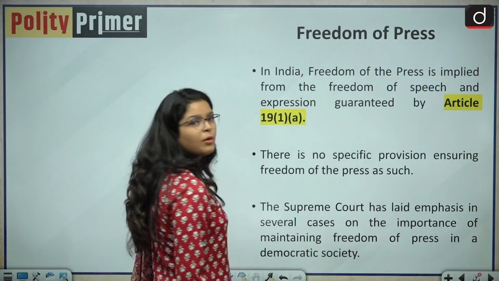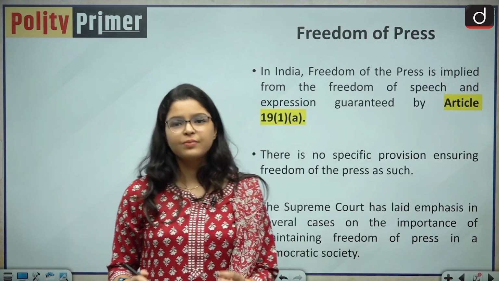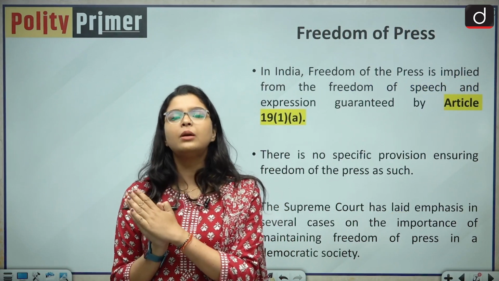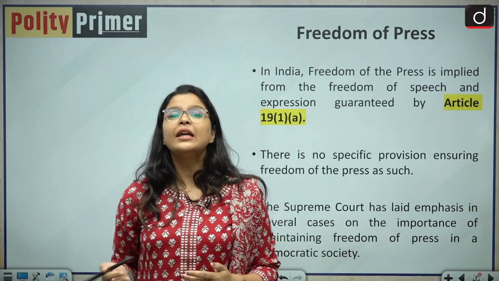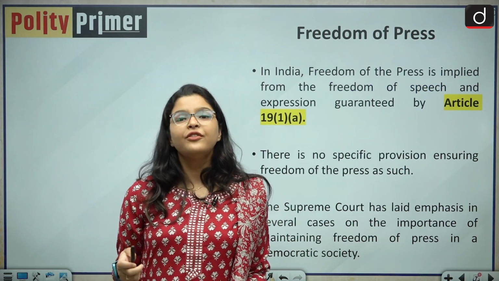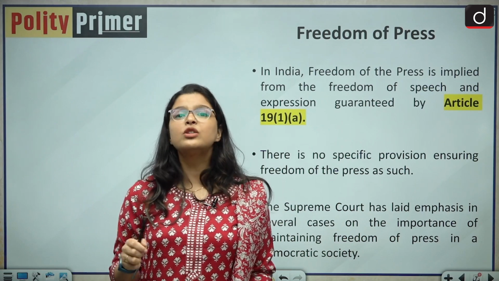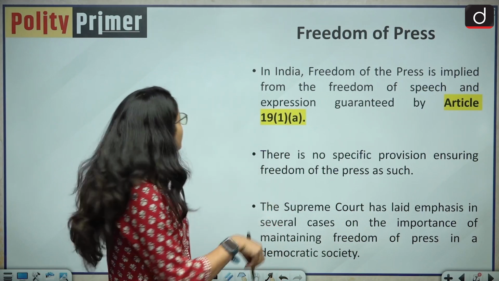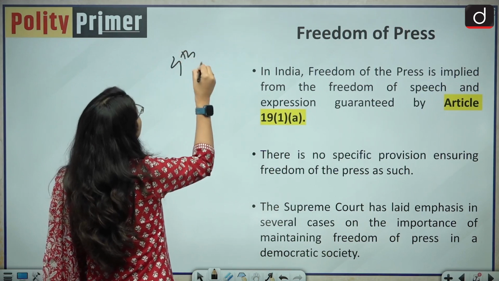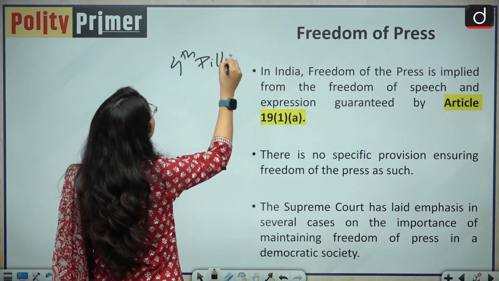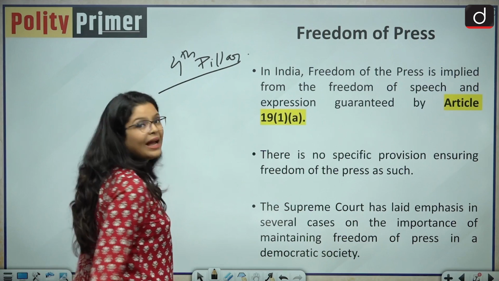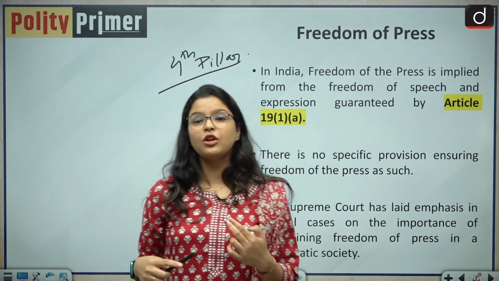Now let us study about the freedom of press, because any discussion on freedom of speech and expression cannot be completed without the freedom of press. Why? Because media is the fourth pillar of our Constitution. It is recognized as the fourth pillar of our Constitution.